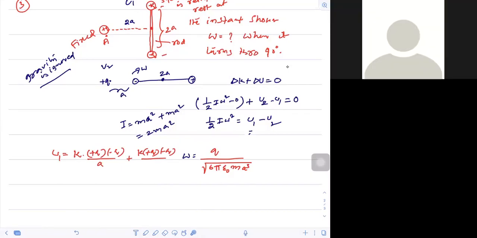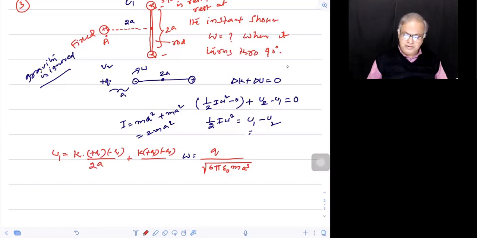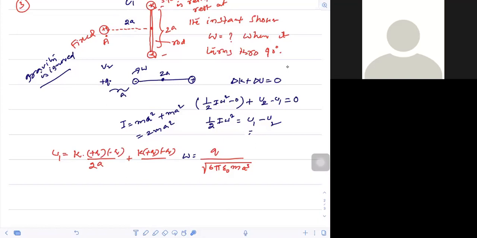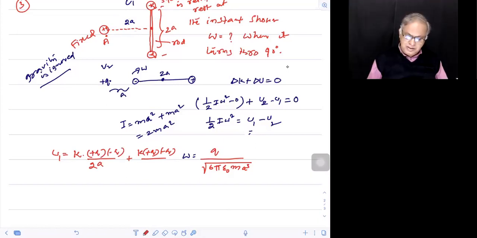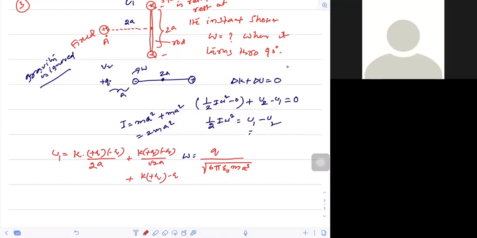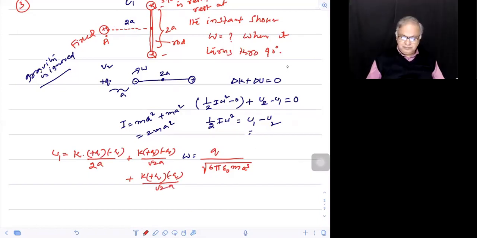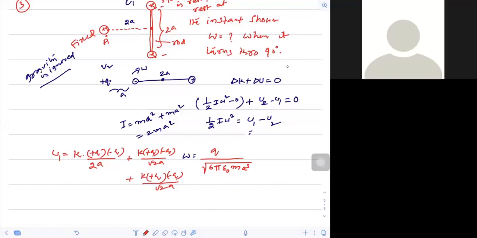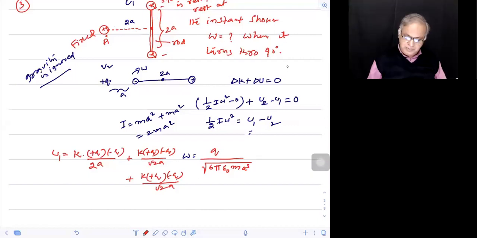Sir, first one will have 2A in the denominator. Sorry. This is 2A. So this one plus Q into plus Q by A. This is root 2A. This is A root 5, so root 5A. Root 2A here plus K plus Q plus Q. Tell me. Plus Q, sir. We wrote minus Q 2 times. Sorry, here plus Q, here minus.